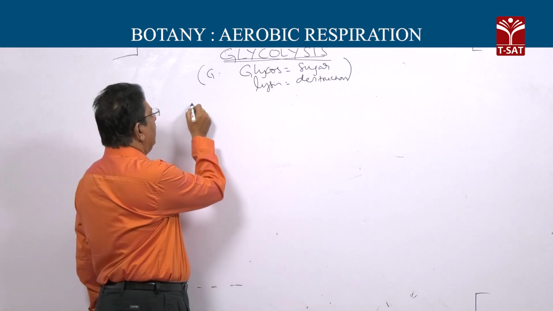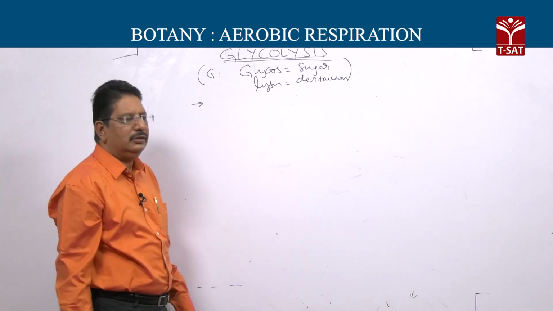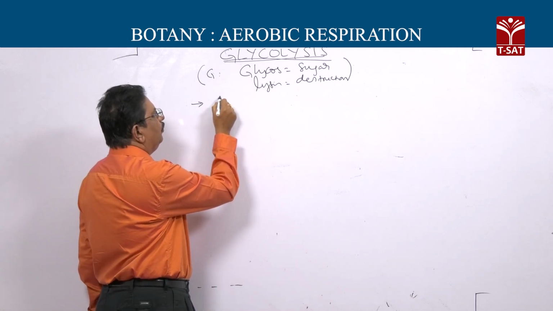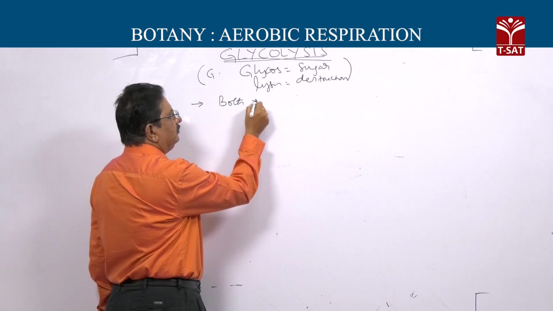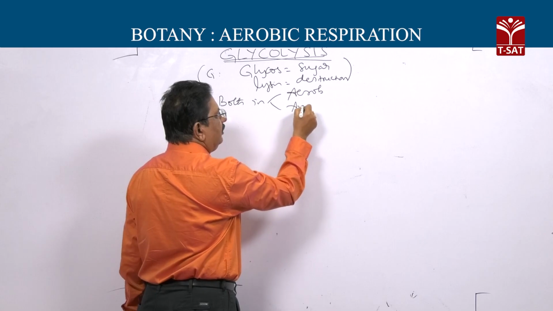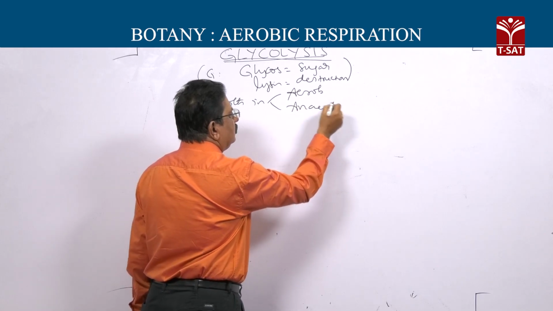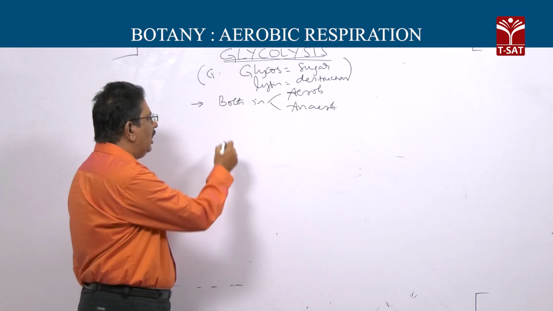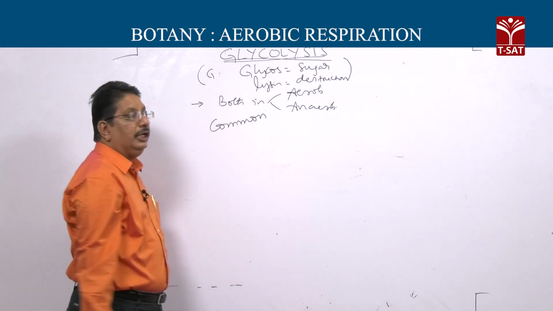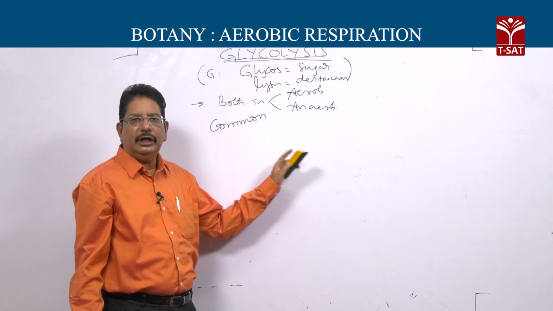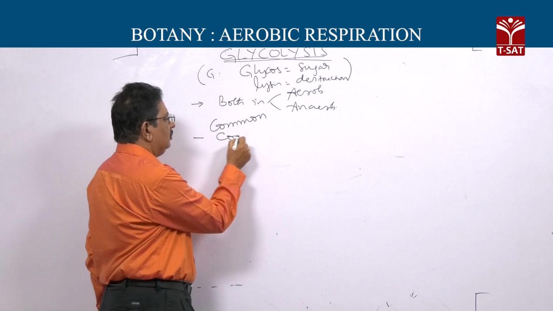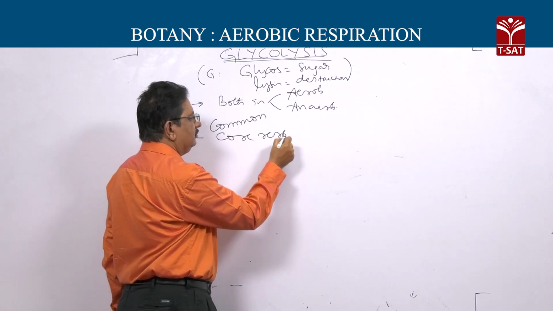So, let us take up the importance of glycolysis. Glycolysis is a step that occurs in both aerobic respiration and anaerobic respiration. That means this is a common step in both aerobic and anaerobic respiration, and it is also commonly called core respiration.